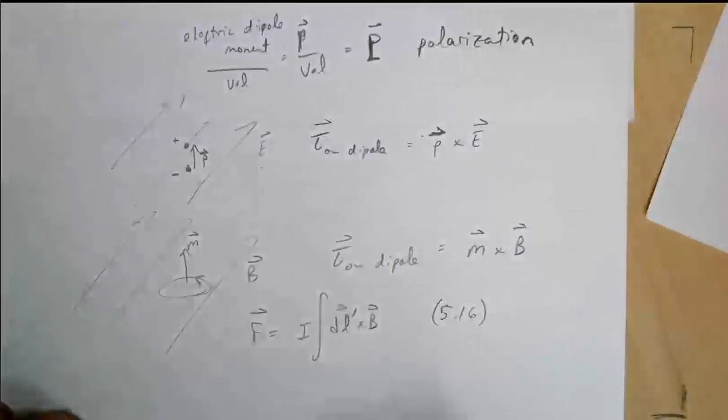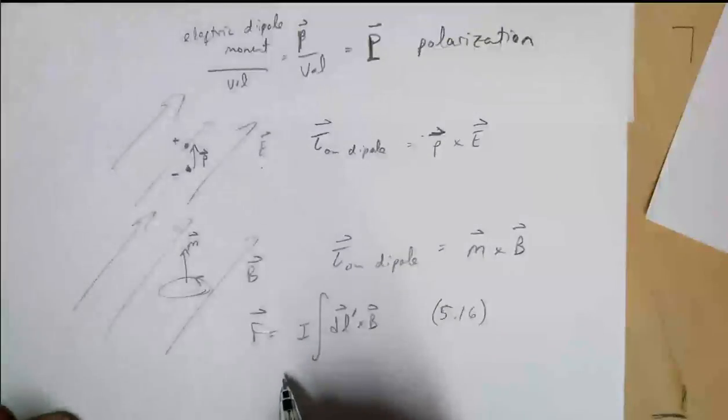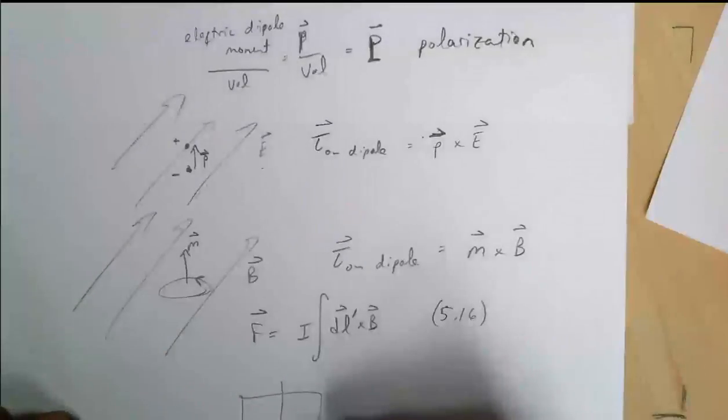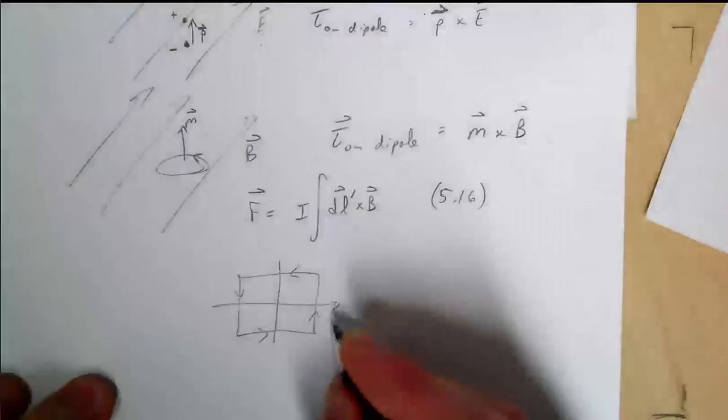So we could compute this, and one of the homework problems is that we have a loop of current, and I want you to compute the force explicitly on each of these sides.